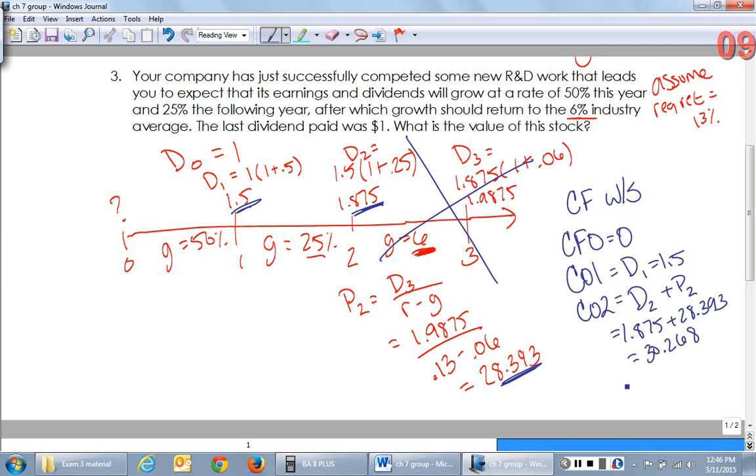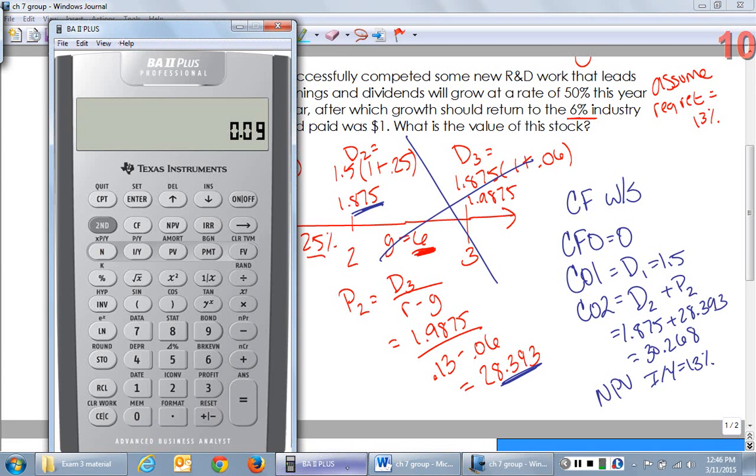Push the NPV button. Your discount rate is 13%. Enter in a whole number 13 and compute the net present value to give you the value of this stock today. Create your cash flow worksheet. Cash flow at time period 0 is 0, so enter, down arrow. Cash flow at time period 1 is $1.50.